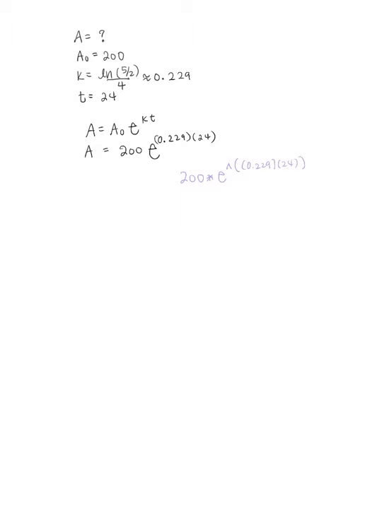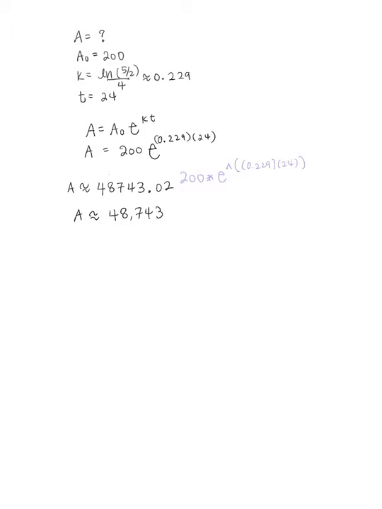Then what I got was, let me see, our A is approximately 48743.02. So it looks like our A, which is the number of bacteria after 24 hours, is going to be 48,743.